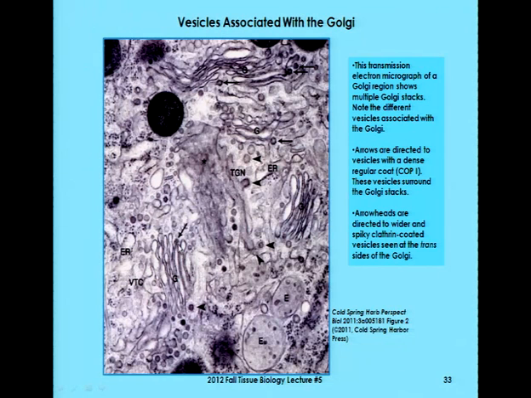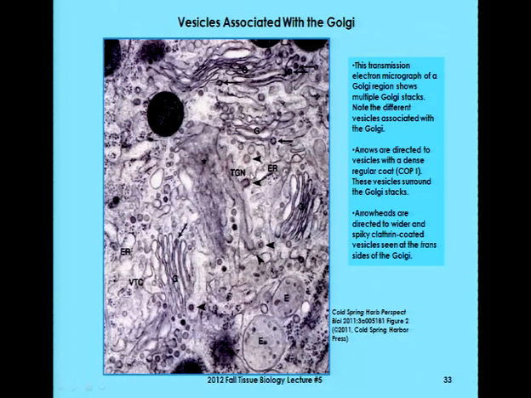First, at the periphery of the trans stacks of the Golgi, we find dense regular coats, COPI. So these are the COPI vesicles that are found at the periphery of the Golgi cisternae.